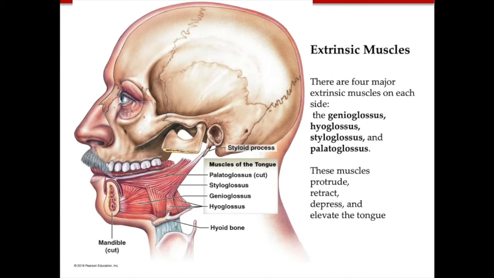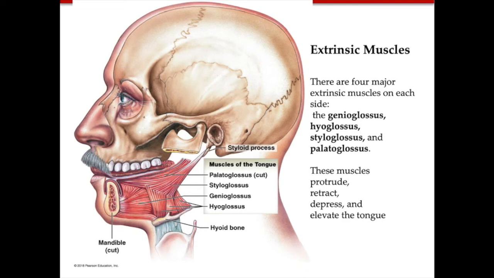So these are the four external or extrinsic muscles. Again, do not worry about what type of movements individually each one of them does, but worry about knowing if someone asks you, where is the hyoglossus? You have to understand that is an extrinsic muscle of the tongue.